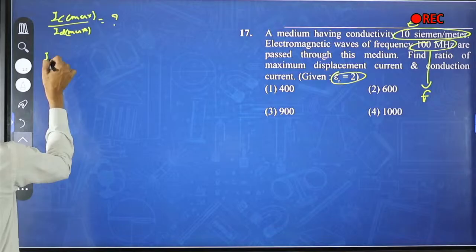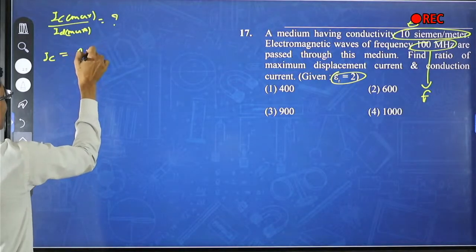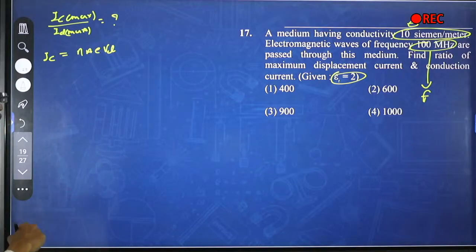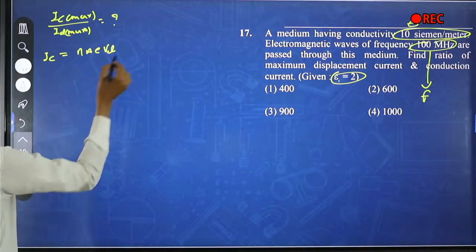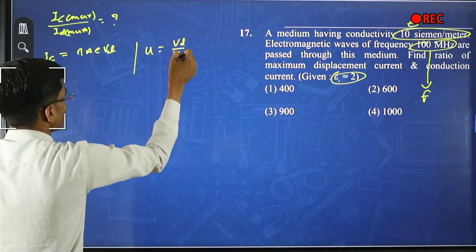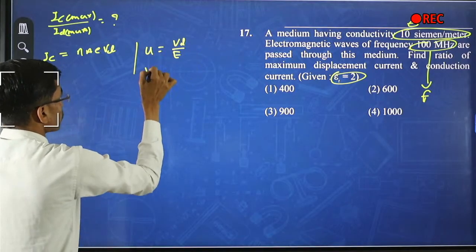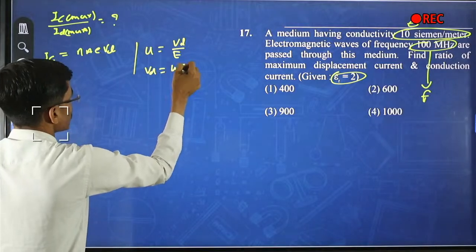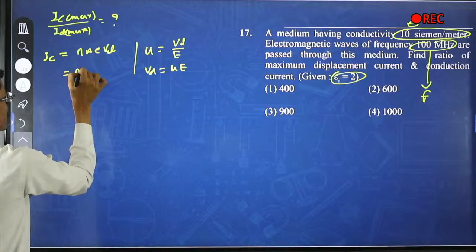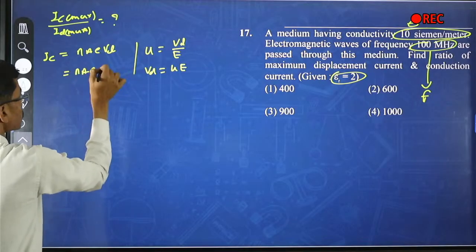We know that conduction current IC can be written as NeAVd. We can write the Vd in the form of mobility, and mobility is Vd by E, where E is the electric field, so Vd will become mu into E. Put the value of Vd in this equation.